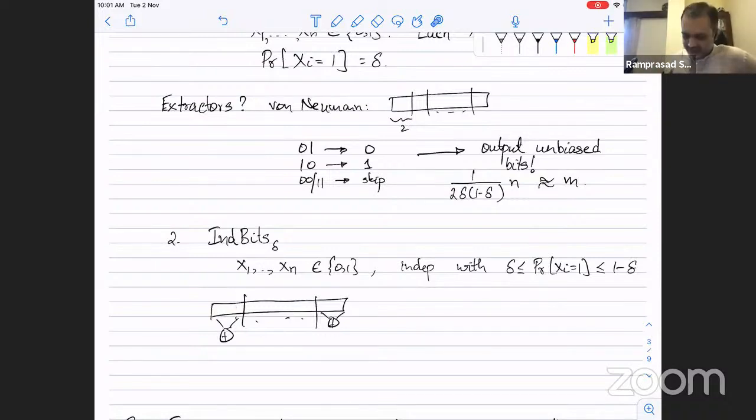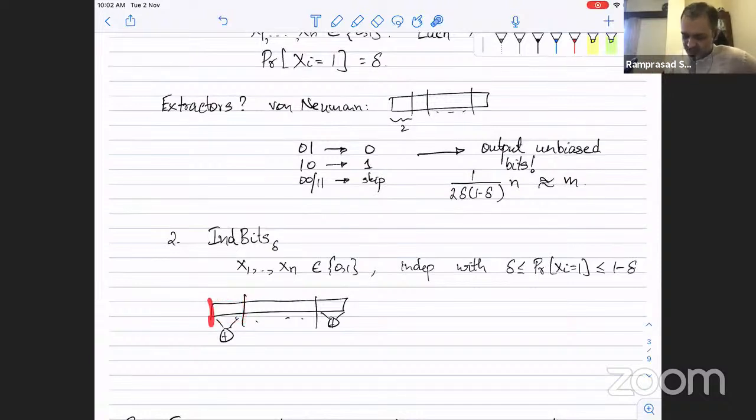Another way was that last time we said that if I have a biased coin and I toss it a few times and look at the parity of the number of heads, the probability of seeing a 1 becomes exponentially close to half. So we can do something of this sort. It's just a question of how large this block should be.